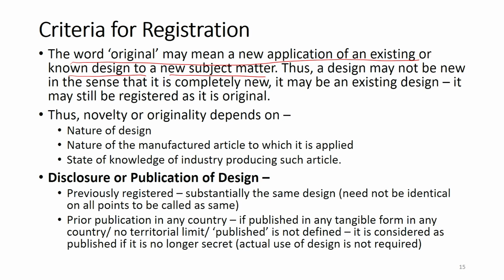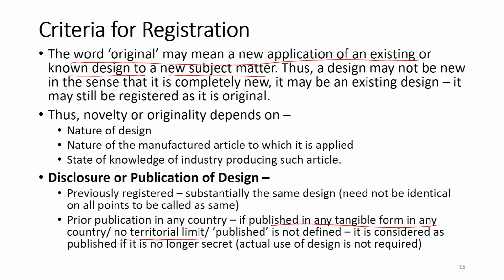Second, if the design is published in any tangible form in any country, kindly compare it with the prior art which you have studied in patent law. The word published is not defined, but if it is published in any tangible form, the meaning is clear that it is known to public and there is no territorial limit.